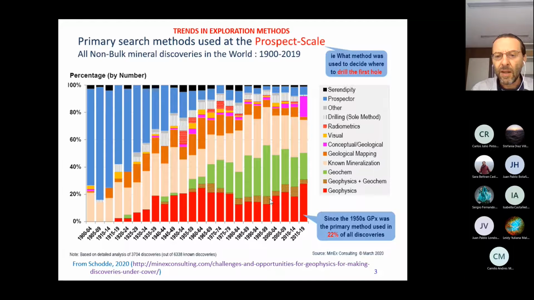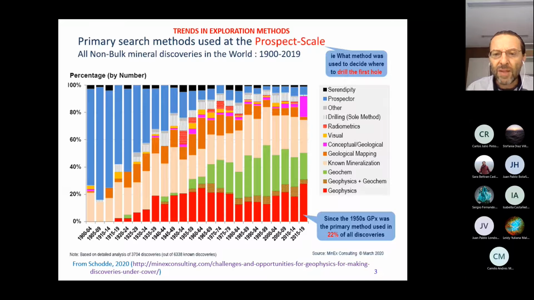Red and green mean geochemistry and geophysics. So people started using more and more geochemistry and geophysics because we ran out of choices. We cannot find the blind deposits that are buried. We have to use these methods to be able to spot the drill hole that would encounter the mineralization.